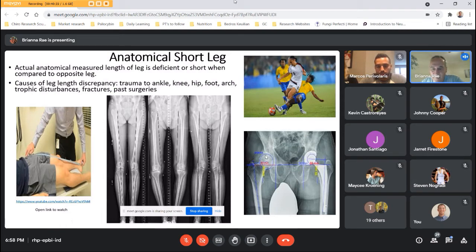Well, that could create some big problems for that patient, because now their weight bearing has totally changed. The top of the femur head is here, not up here.